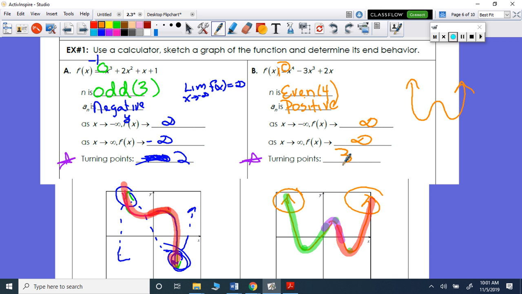But can anybody see a relation between the power and the number of turning points? Look at that. What is it? Subtract 1. That's it. Because, think of it, when you have a polynomial and you're trying to find the zeros, the degree tells you how many zeros there are.